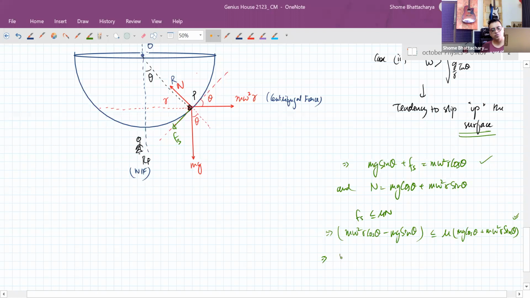So if we keep omega square r on one side, that's how ultimately this comes.